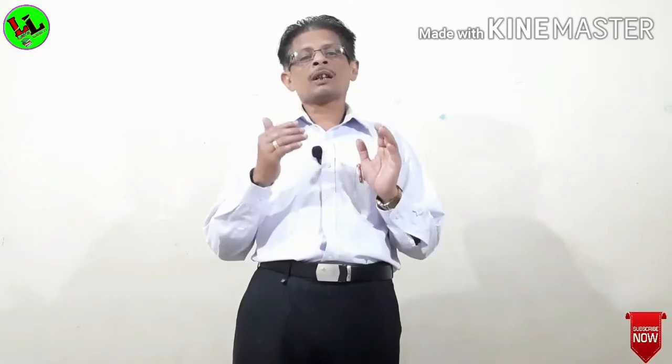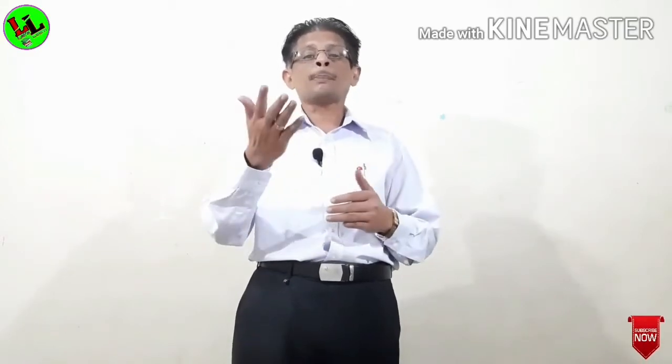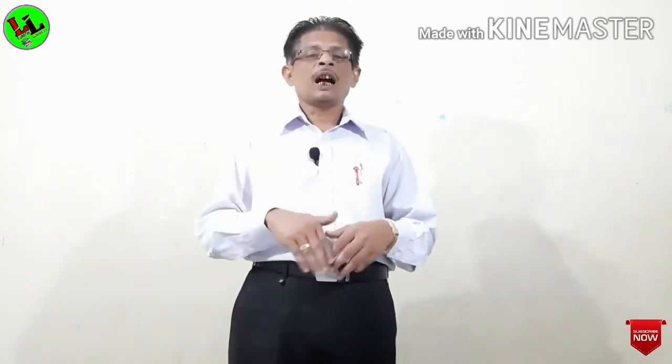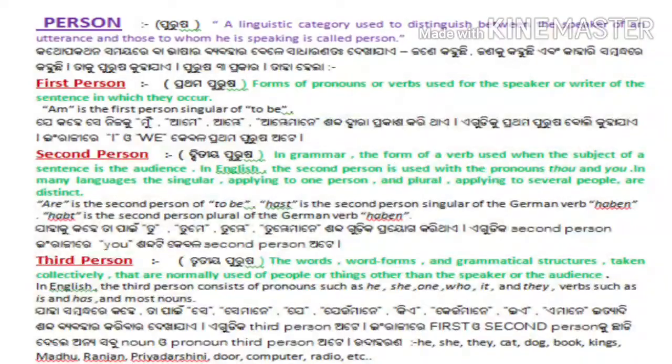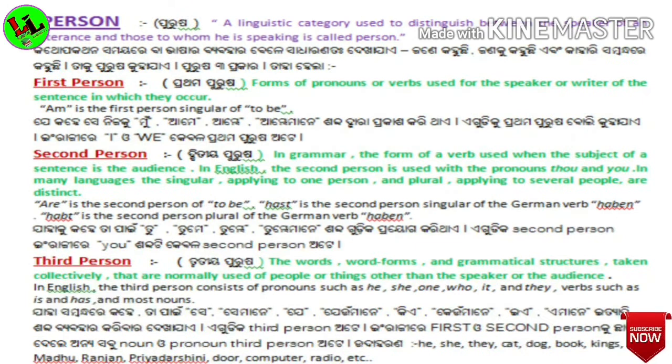Now we will see about third person. What is third person and what are its examples? The words, word forms and grammatical structures, taken collectively, that are normally used of people or things other than the speaker or the audience.